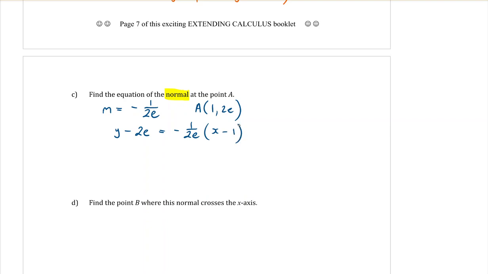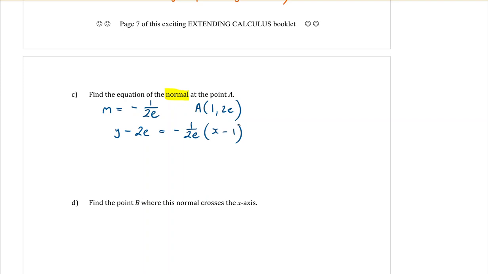Now, you can choose how you go from here. I don't like having fractions in my equation, so normally when I have something like this happen, I choose to times that across the other side. You could just add your 2e across the other side and you would still have an equation, but it would be in gradient form instead of in general form. It doesn't matter, both equations are correct, okay? But I'll stick with my preferred option.